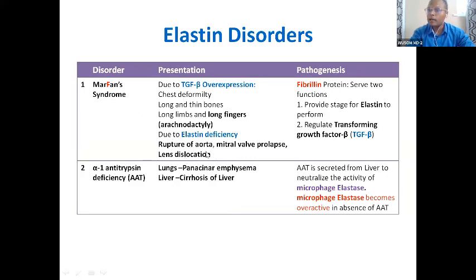Rupture of the aorta; the patient generally dies because of aortic rupture. Then mitral valve prolapse, because elastin protein is very high there. And the lens is also held in position because of elastin, the suspensory ligament has elastin associated with it. So this all happens because of elastin.